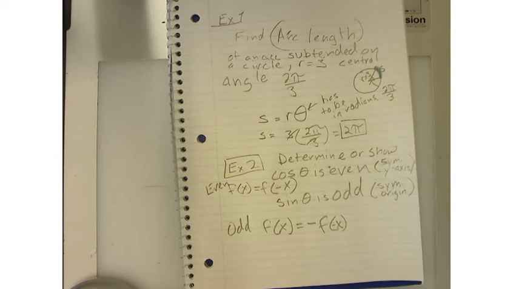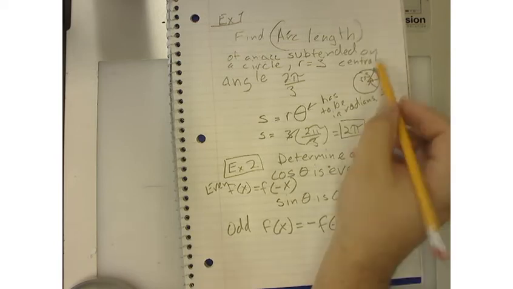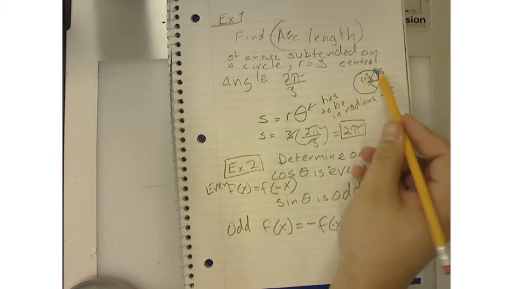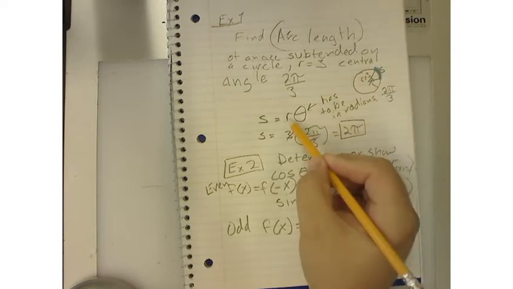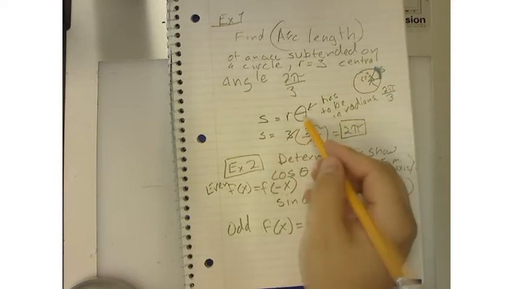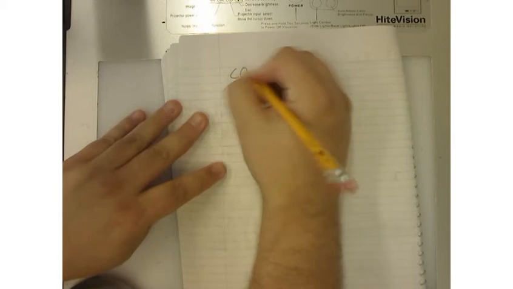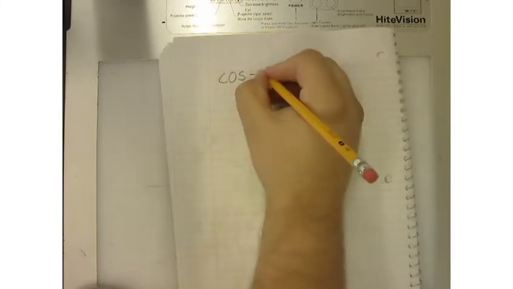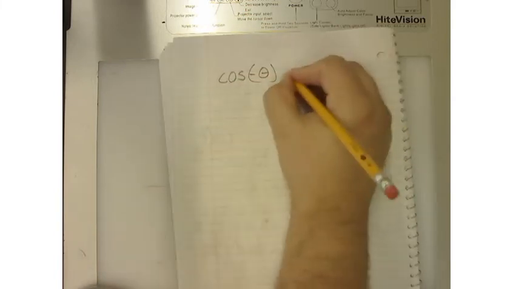All right. So we're trying to find the relationship between circles, arc lengths, the radians, or the radius and theta. To prove that, I could say that cosine of theta is equal to, oh wait, let's draw a picture so you guys can see what I'm talking about.